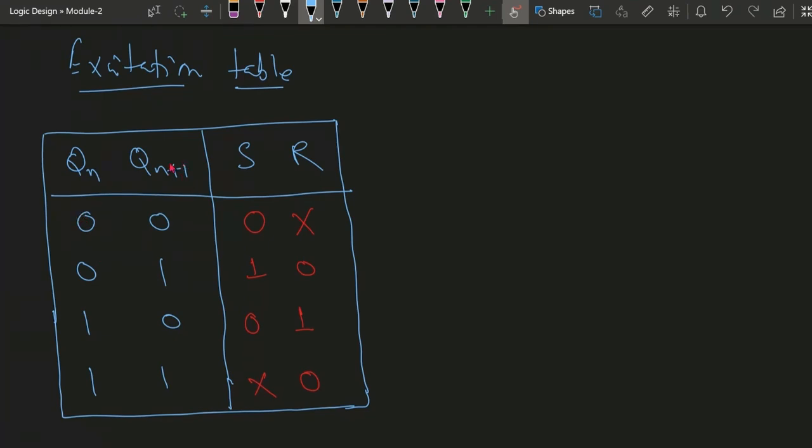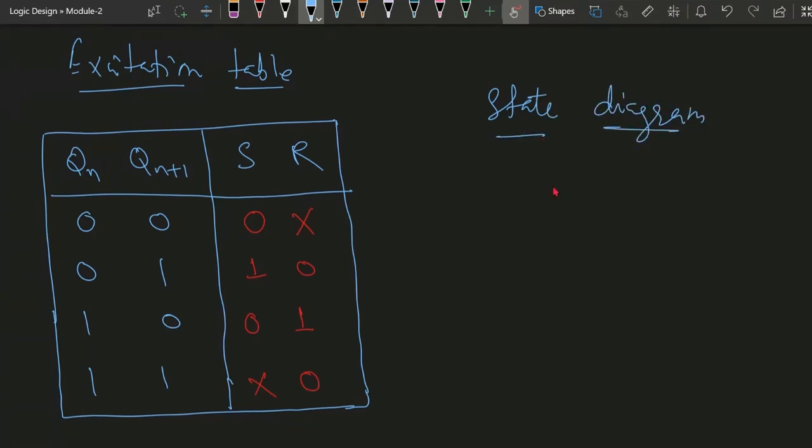The next state is either 0 or 1. These states can be combined together with respect to inputs, and that is done by using the state diagram. So how can we draw the state diagram?